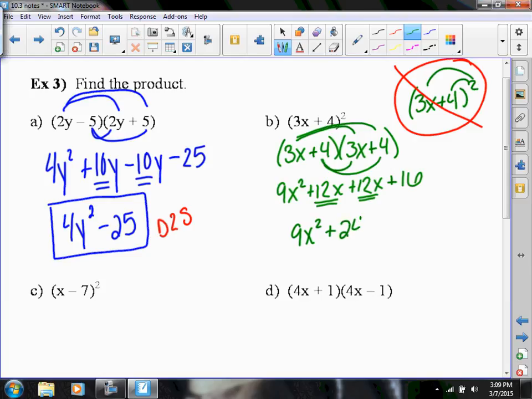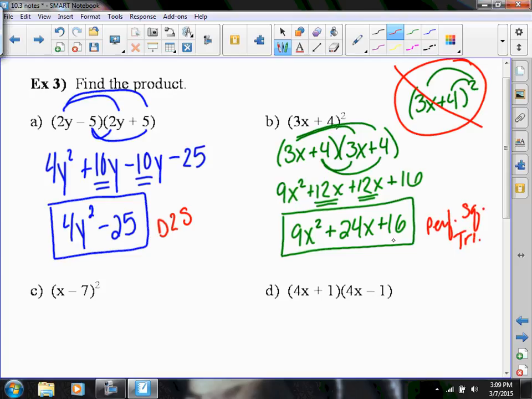So I end up with 24x plus 16. So this trinomial then is going to follow that perfect square binomial. Okay, so when we factor it, we actually call it a perfect square trinomial.